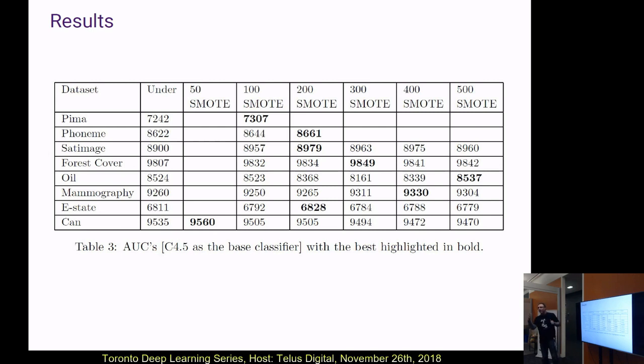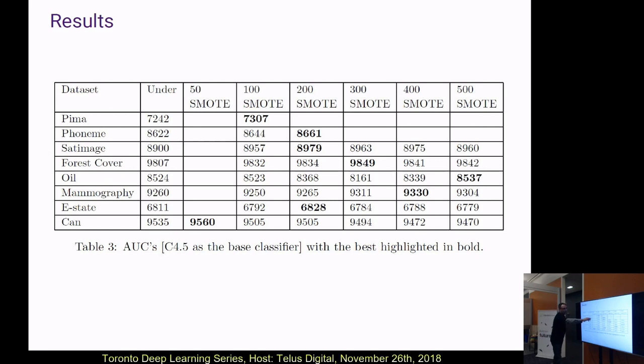It's the fact that it reiterates the point I made before: they tested different sample sizes to see which one did the best, and the graphs I showed only showed you the one that had the best score. In all cases, their SMOTE algorithm did better than, for instance, undersampling, which is what they compared it to.